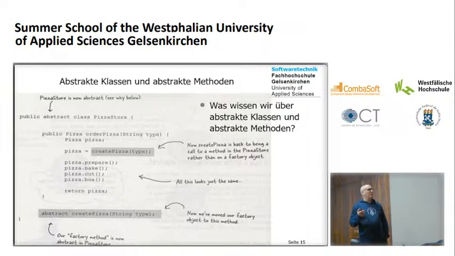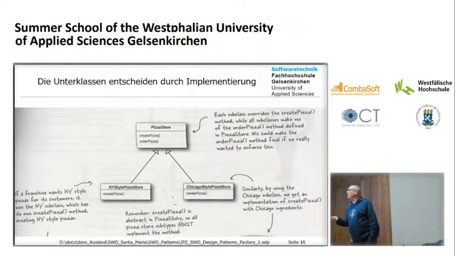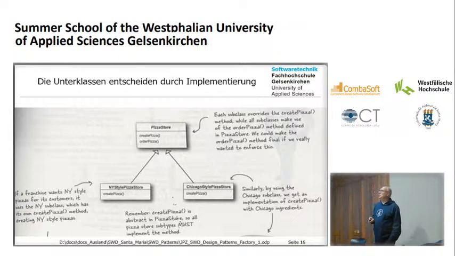You know what it is compared to a concrete class? Okay, now we have the pizza store, which is abstract, and we have the create pizza method there. It's abstract, and we have the order pizza, which is concrete. Now we have to implement these concrete create pizza methods inside these inherited objects.